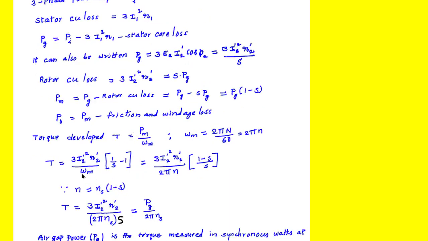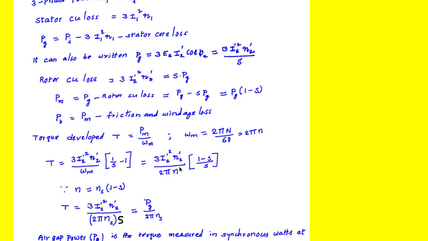We can also write the torque equation like this. We know Pm is 3 I2 dash square into R2 dash divided by omega into 1 by S minus 1.